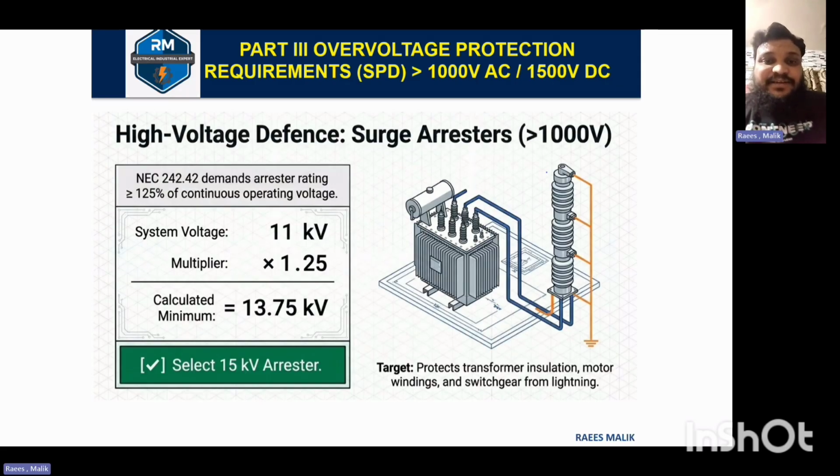So you have to select a surge arrester that is equal to or greater than 13.75. If the surge arrester available in the market is 15 kV, then it must be selected for this application. What is the benefit of selecting it? We can protect transformer insulation, motor windings, and switchgear from lightning and heavy surges.